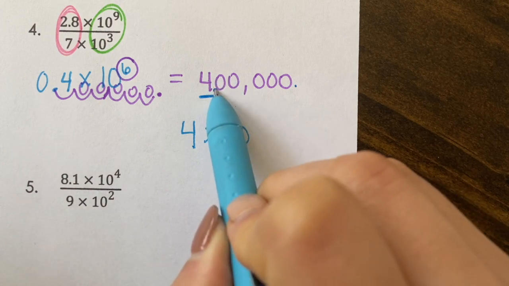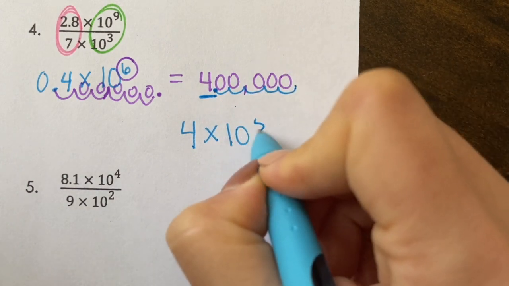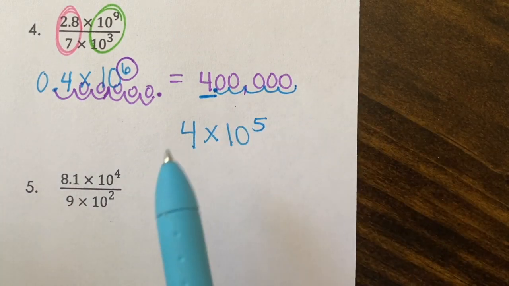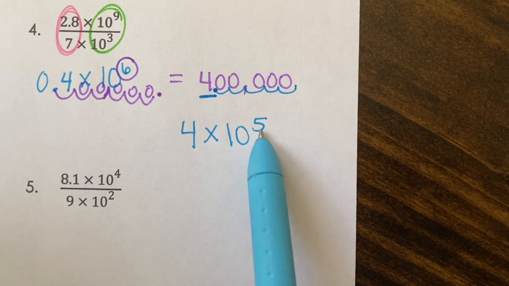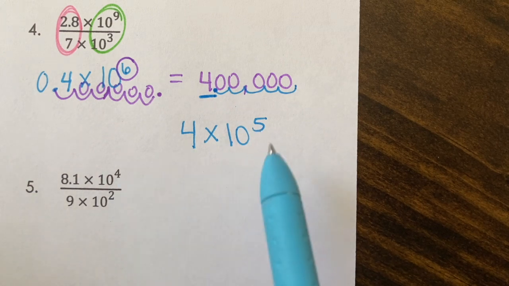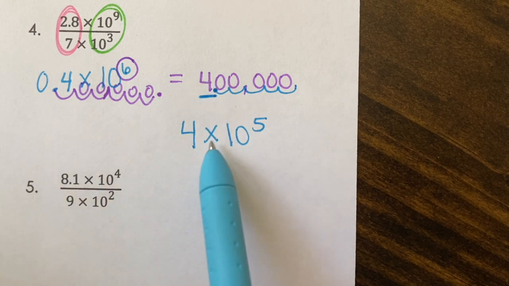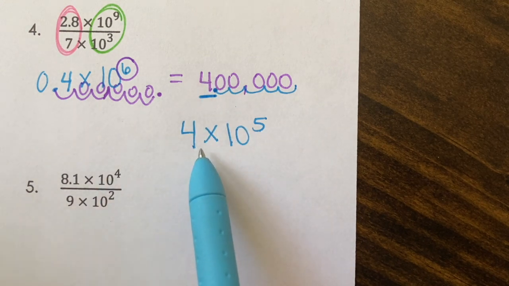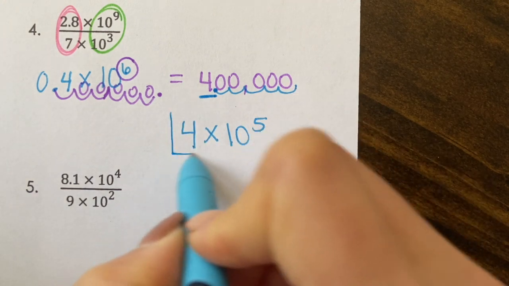So we're going to count from decimal to decimal. 1, 2, 3, 4, 5. You know that 400,000 is a very large number, so you're going to keep your exponent positive. Or you can think about it, if I needed to convert this back into 400,000, I would put my decimal here and move 1, 2, 3, 4, 5, which would give me the same answer. So you know you're correct.